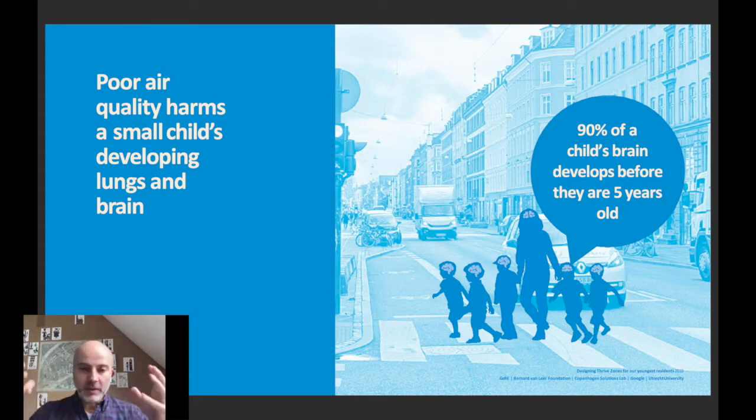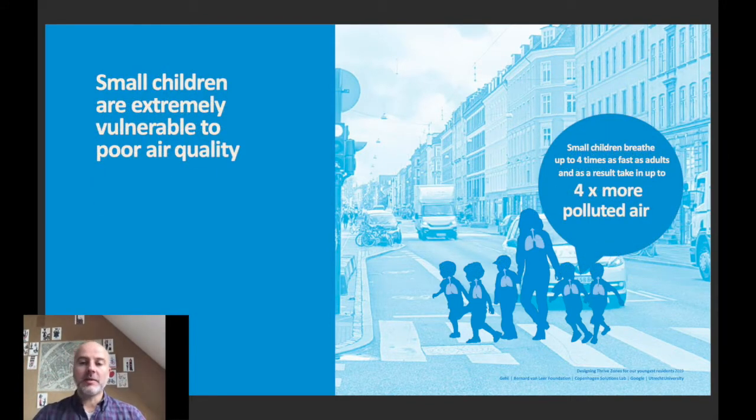That's when the brain is growing and changing, and air pollution might have an impact there. And we also know that children breathe about 4 times as fast as adults. So if there are bad particles in the air, they're taking in 4 times as many of them as adults would, given that they're breathing 4 times faster while that brain is developing. So it's a dangerous combination, or one that's especially urgent.